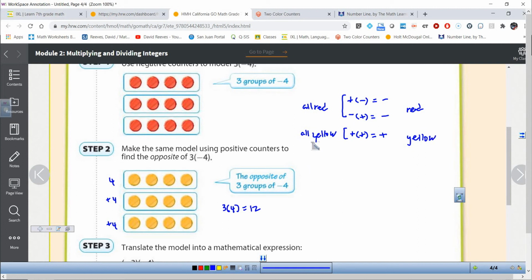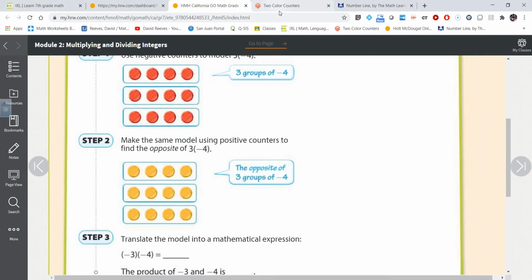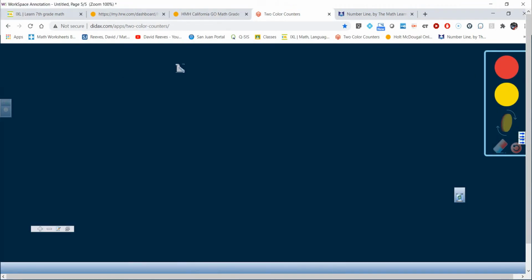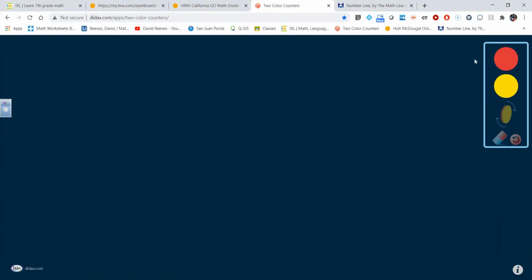Okay? So with counters again, if we come back here to the two color counters, let's say I wanted to do 4 times negative 3 with the counters. All right, so here we go. 1, 2, and I'm going to put them together. All right, there's negative 3, right?